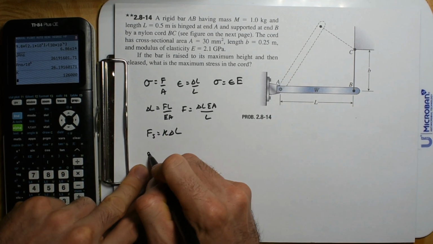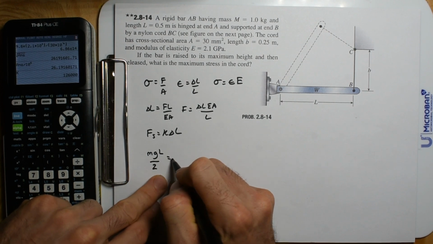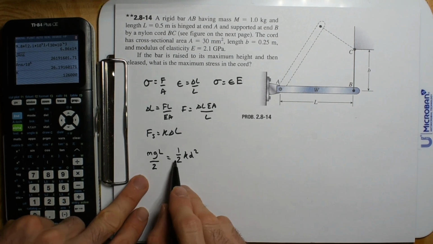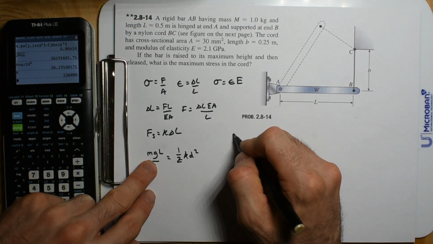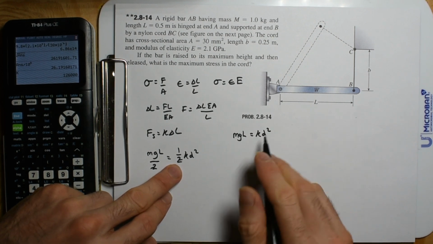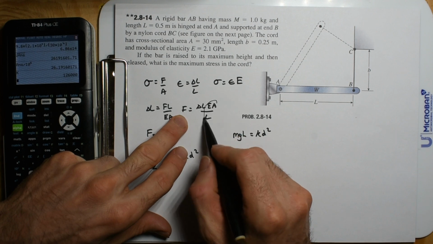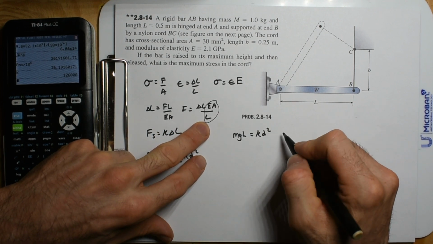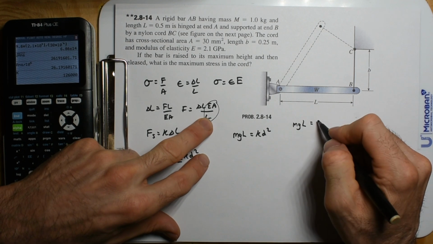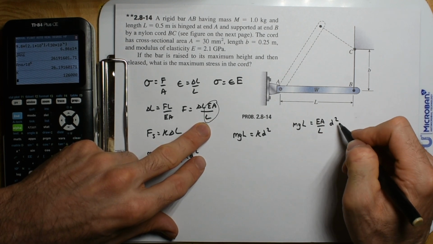So we're going to say MGH, which is MGL divided by 2, is equal to 1/2 K D squared. So we can already simplify this and get rid of the 2. So we can say MGL is equal to K D squared. Let's throw in what K is. We already said K was EA over L. So we got MGL is equal to EA over L times D squared.